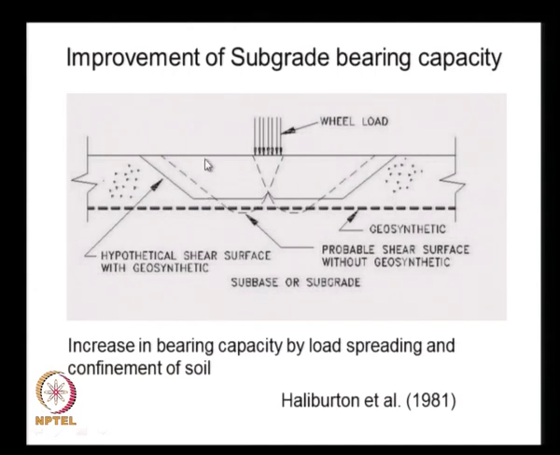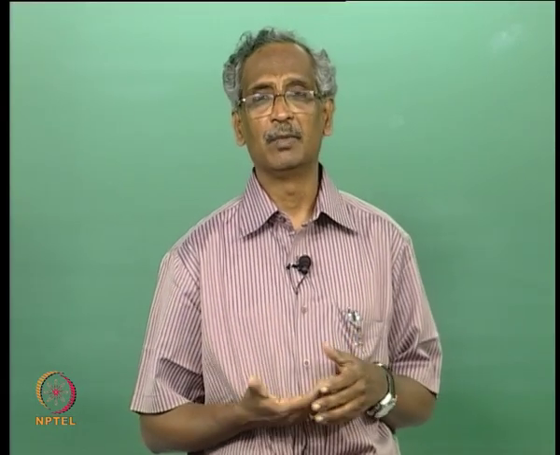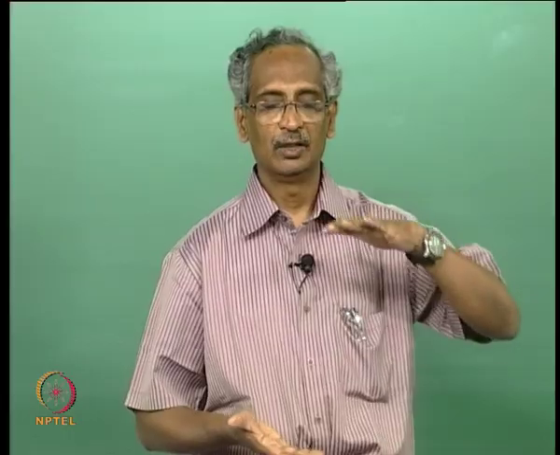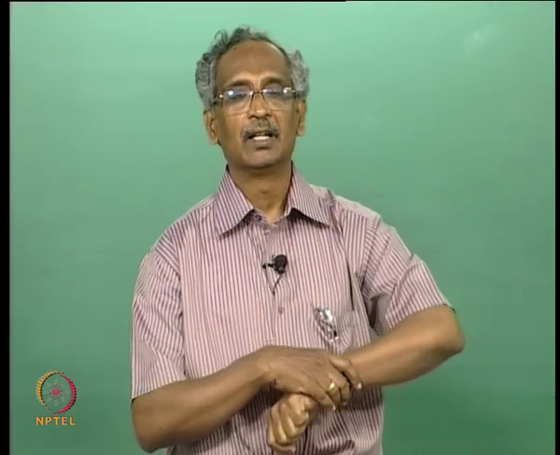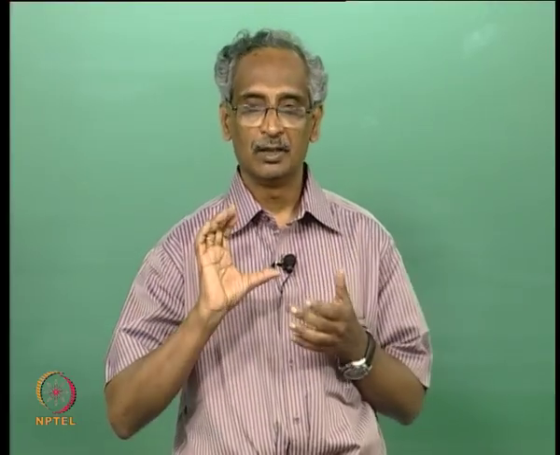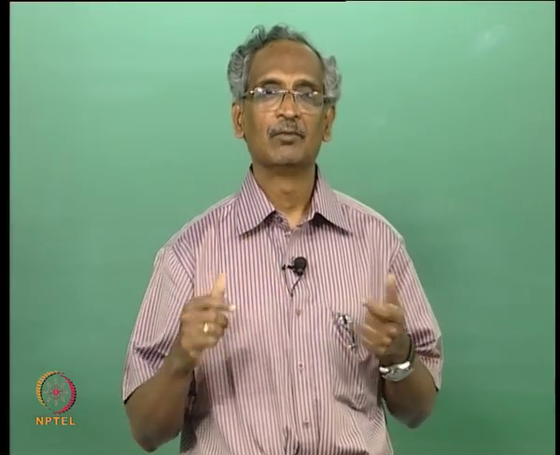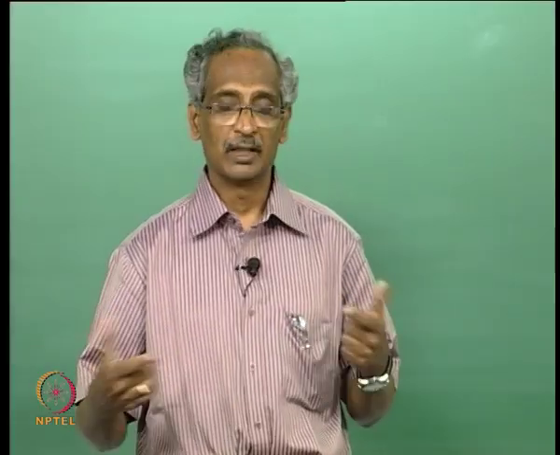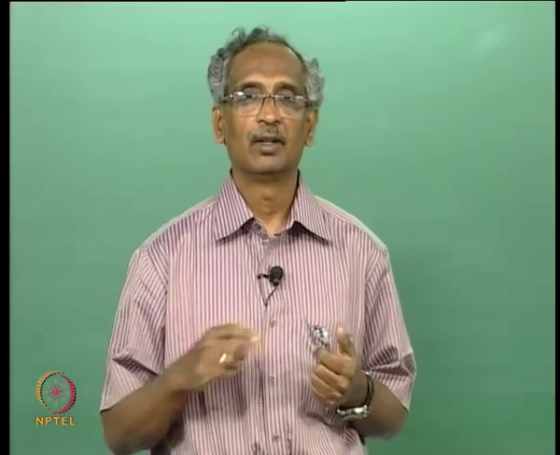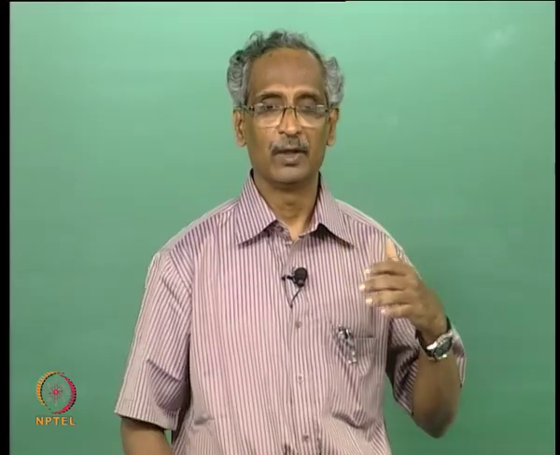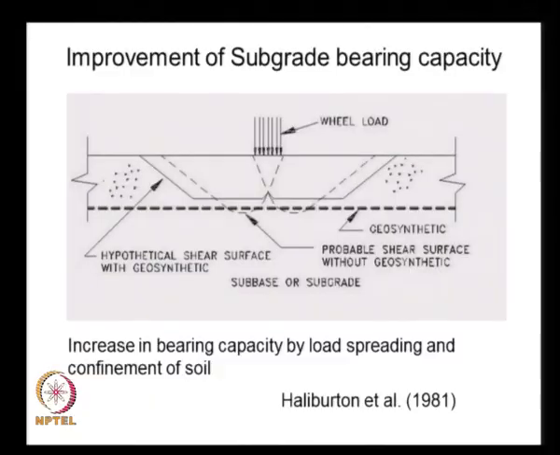We have seen that whenever the rupture surfaces are prevented from forming, the failure is within the top layer, and because the failure is now in a very shallow or thin layer of soil, the bearing capacity is much more than it is for soil of infinite thickness. So, in this case the bearing capacity is increased by load spreading and confinement of the soil.